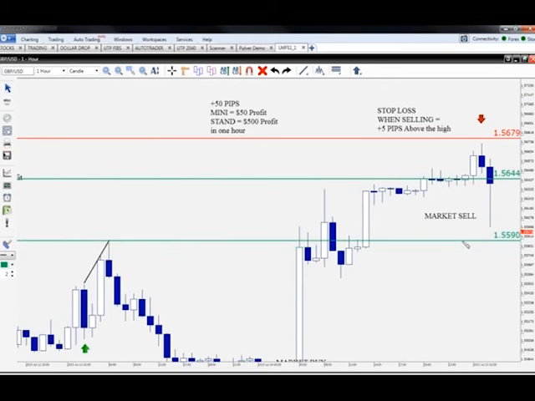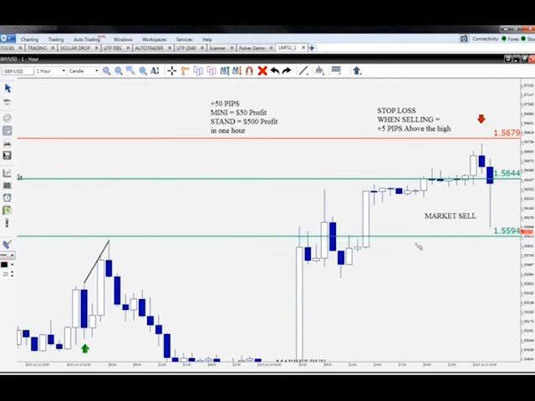Right about there is going to be our target, and once again our target is going to equal a minimum of plus 50 pips. And once again, in the live sessions, our live professional analysts will be able to walk you through, and they might say, hey, we might be able to go after more on these. But let's go ahead and see what happens here.